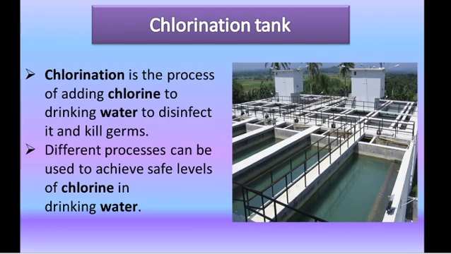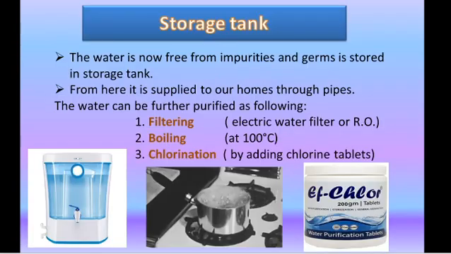Different processes can be used to achieve safe levels of chlorine in drinking water, because while adding the chlorine we should be very careful and conscious. If we add an excess amount of chlorine, it will cause some effect to us when we drink. So we should keep to the safe level of chlorine.